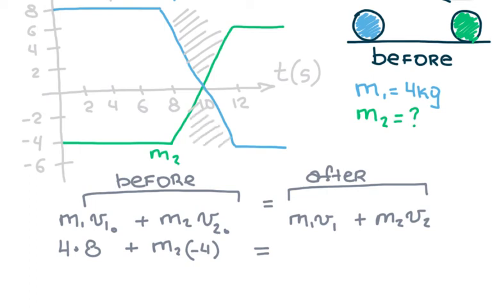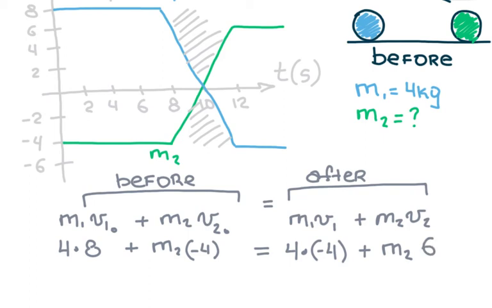And then after the collision, we have mass 1, which is the blue one, moving with 4 meters per second in the opposite direction. So the 4 kilogram mass is moving with negative 4 meters per second. And the second mass we do not know is moving with a velocity of 6 meters per second after the collision.